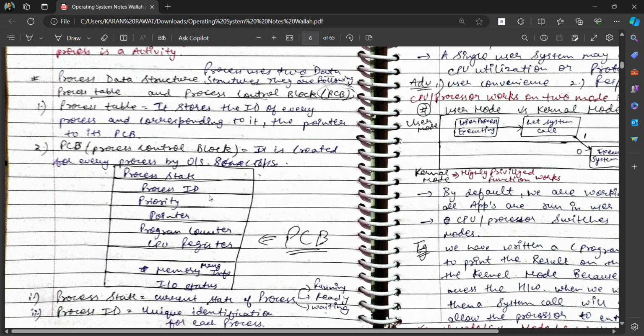First you need to understand what is a process and what is a process image. After that you will understand the process data structure.